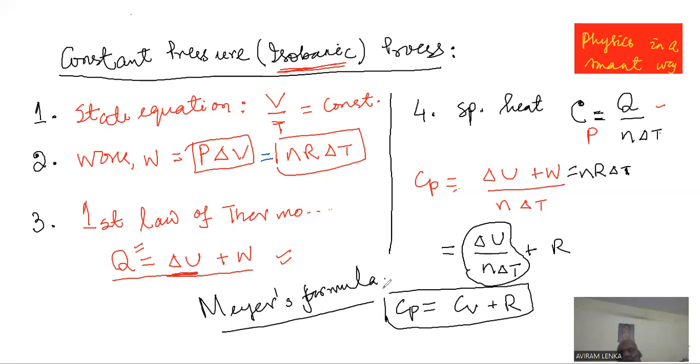And the famous relationship is Cp equal to Cv plus R. A student of thermal science or thermodynamics must remember that Cp equal to Cv plus R, or sometimes we write Cp minus Cv equal to R. That is the relationship. I think you got it.